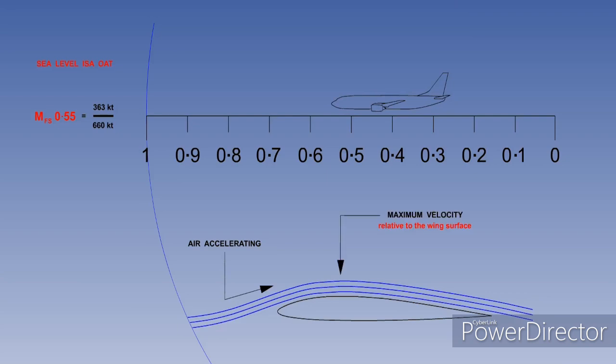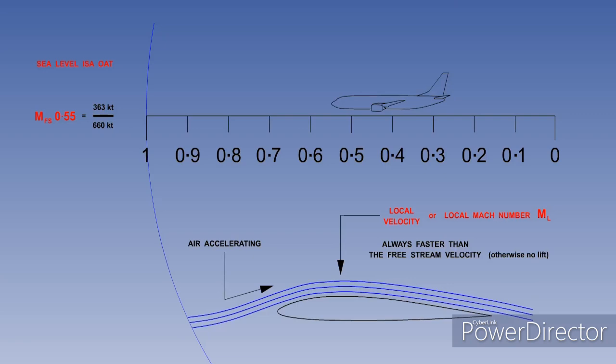The airflow will reach maximum velocity relative to the wing surface at the point of minimum cross-sectional area of the airflow. The maximum velocity of air on the wing will always be faster than the true airspeed. Otherwise, there would be no lift generated. The maximum velocity of air on the wing is called local velocity, because we are discussing air relative to the aeroplane surface.